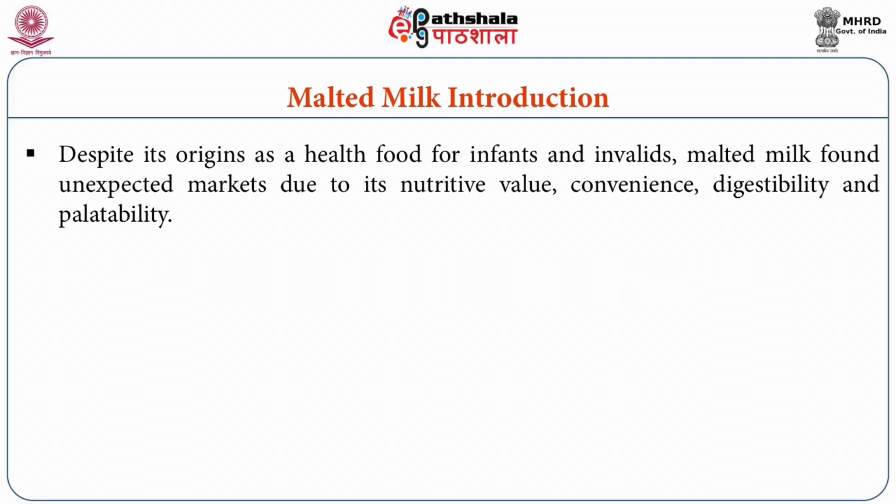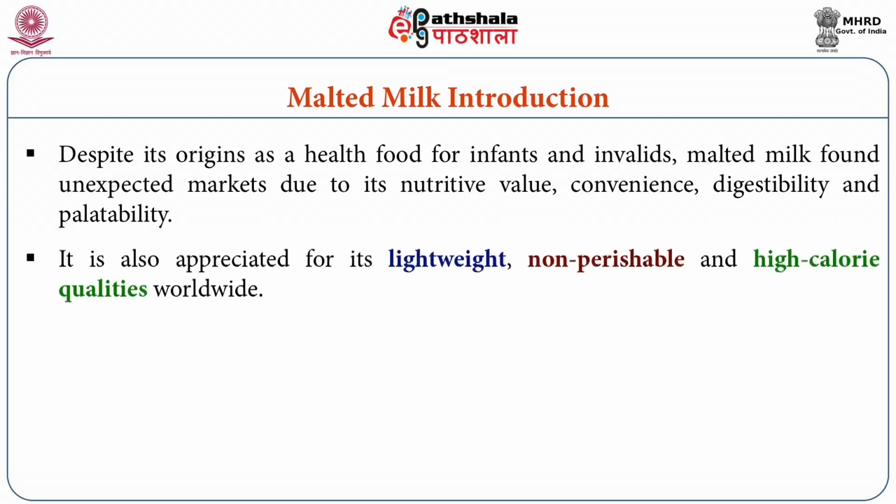Despite its origin as a health food for infants and invalids, meaning individuals suffering from certain disorders, malted milk food found unexpected markets due to its nutritive value, convenience, digestibility and palatability. It is also appreciated for its lightweight, non-perishable and high calorie qualities worldwide.